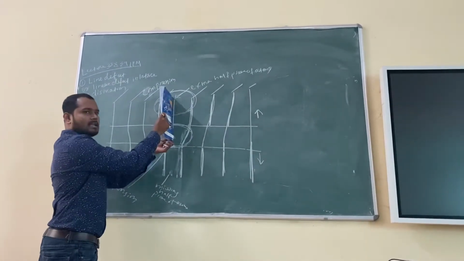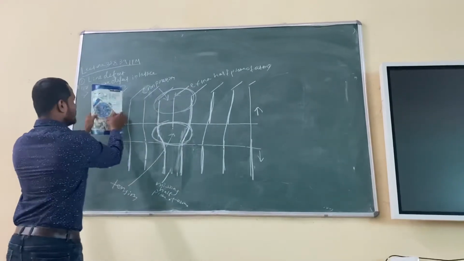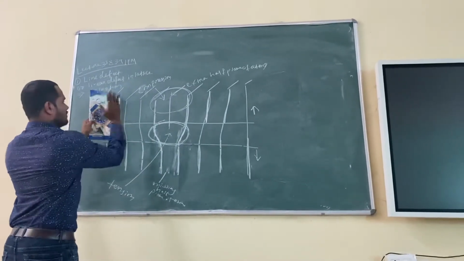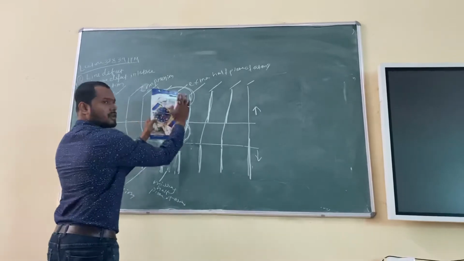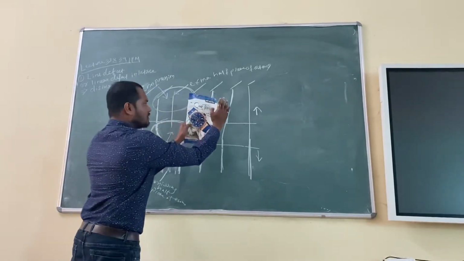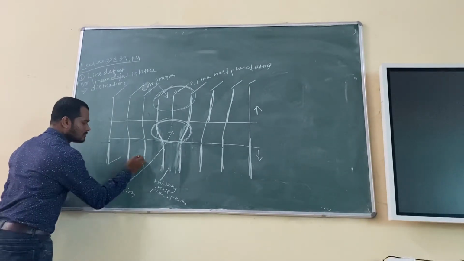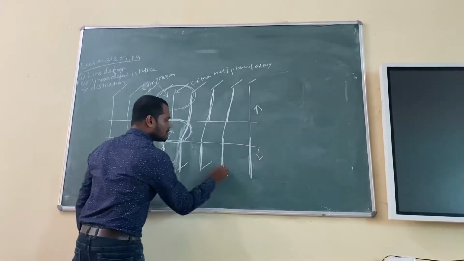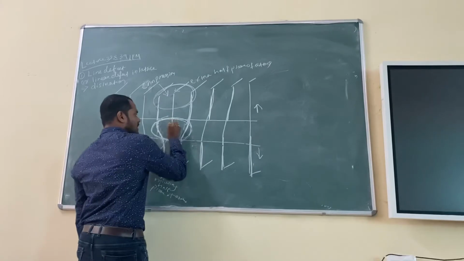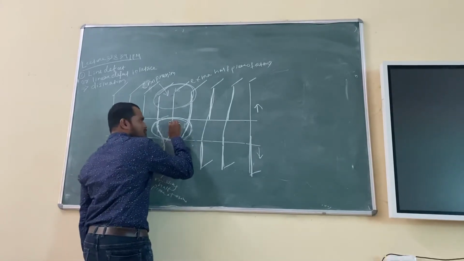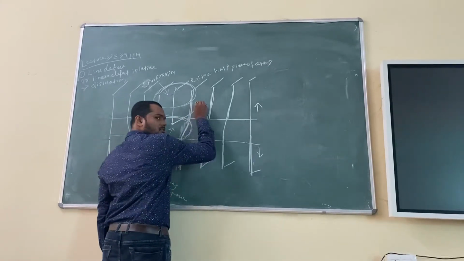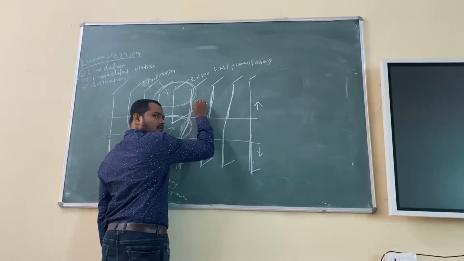Suppose atomic planes are like this. This way. You understand my point? So that means at these positions atomic planes will be in this direction. Right? You understand my point?